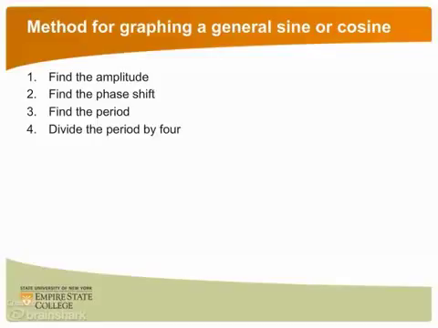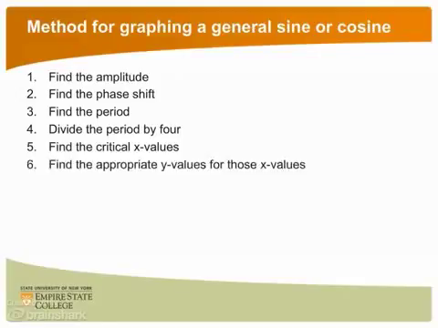Divide the period by 4, which suggests how we will label the x-axis. Find 5 critical x values. We will discuss exactly what this means soon. Find the y values for those critical x values.